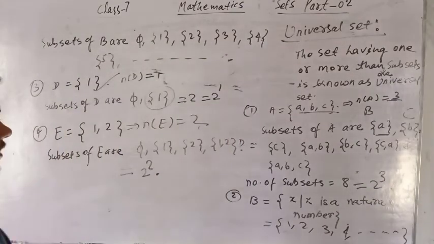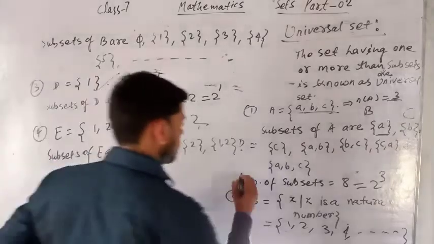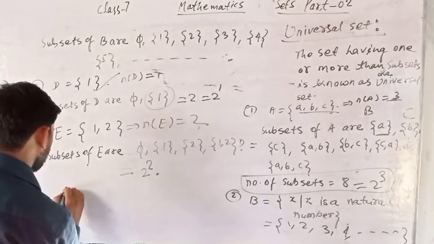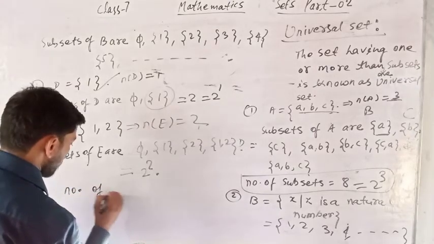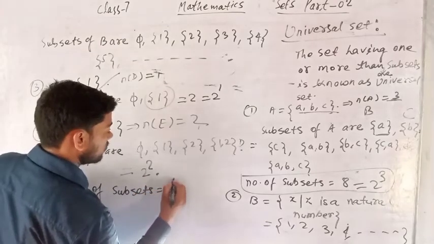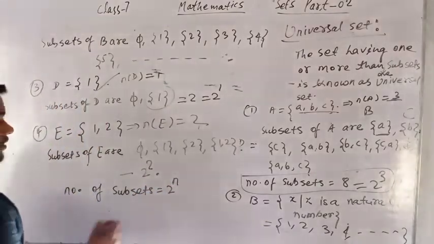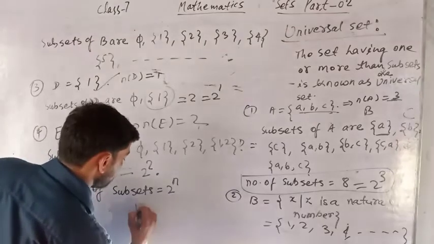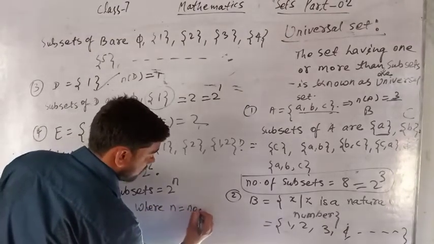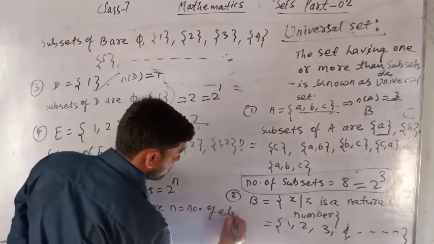Similarly, you can find the formula for finding the number of subsets. The number of subsets is equal to 2 to the power n, where n is equal to the number of elements.